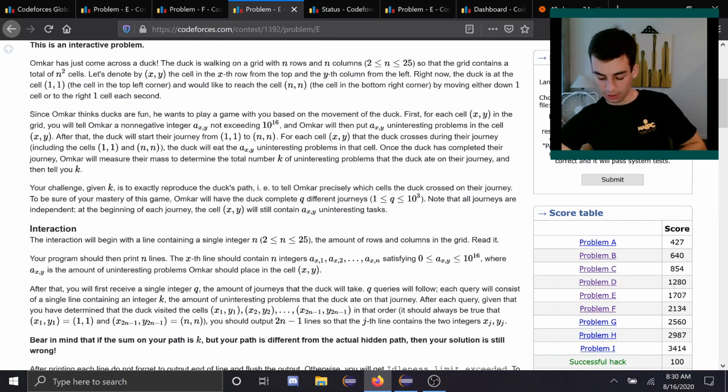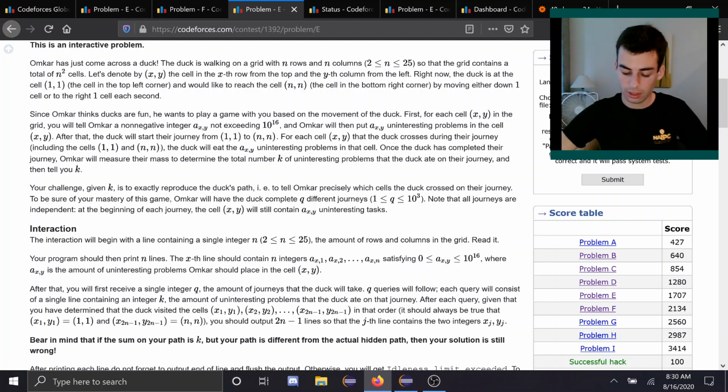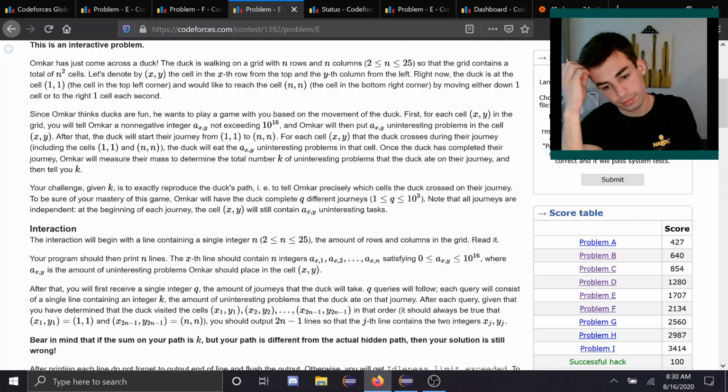Well, interesting case, I guess. But not good enough. Okay, so can we maybe generate this in a smart way?